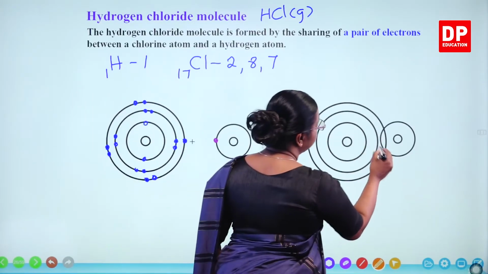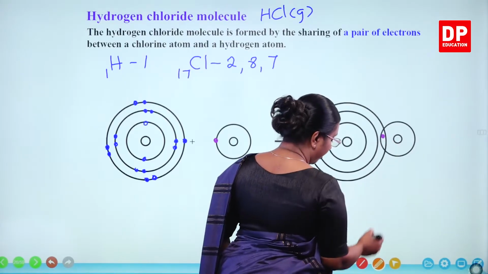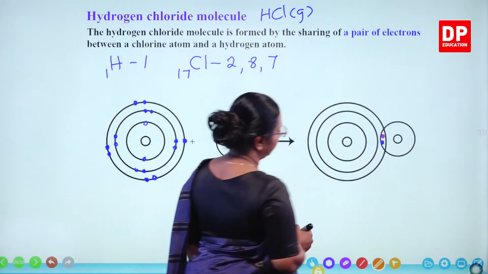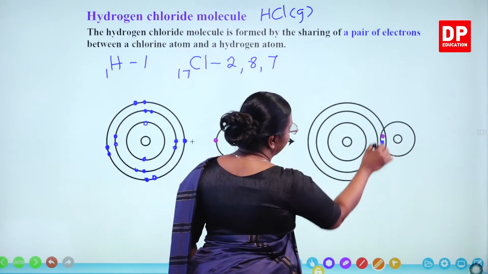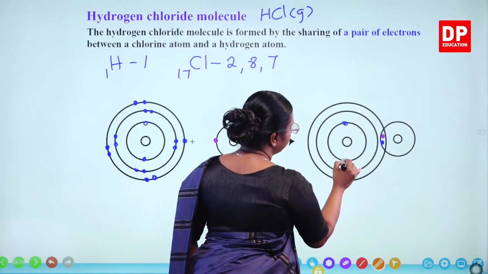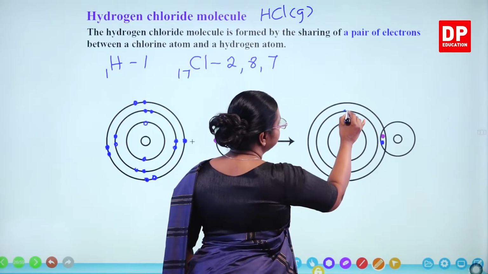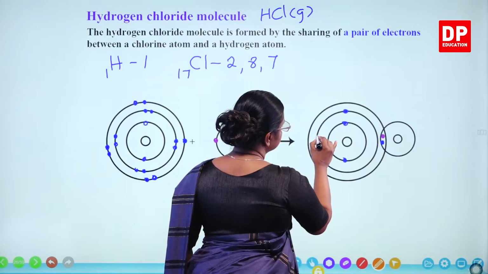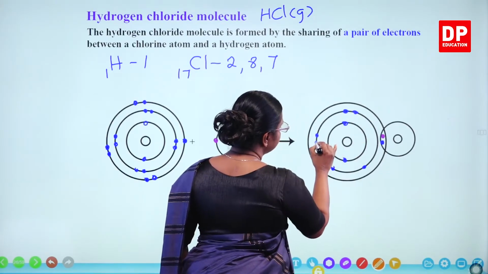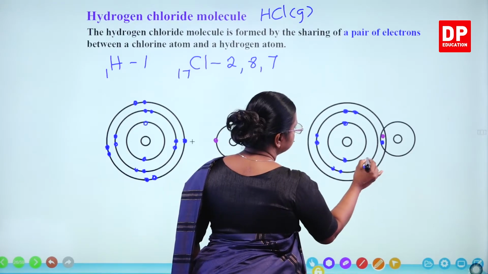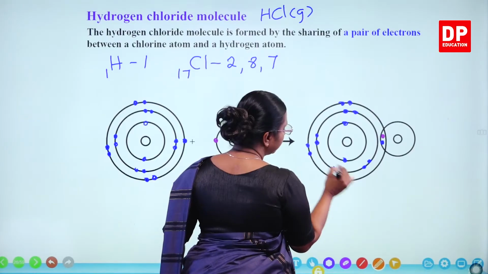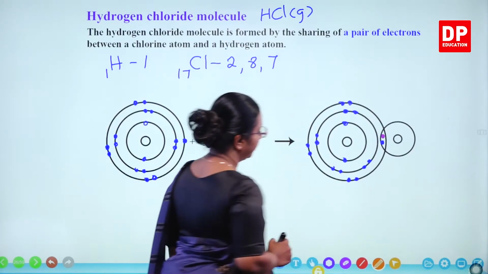So when the bond forms, you can see the electron from hydrogen and the electron from chlorine. But we have to fill up the rest of the electrons. So here chlorine has 2 in the first shell. It has 8 electrons in the second shell. Another 3 pairs of electrons that are not involved in bonding.